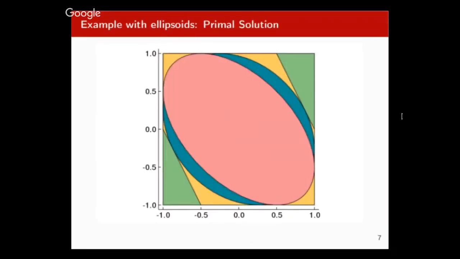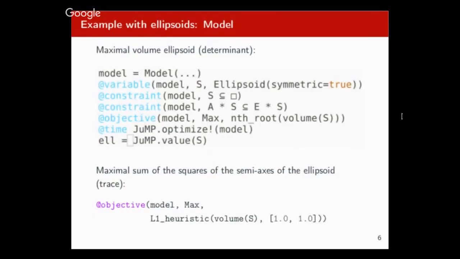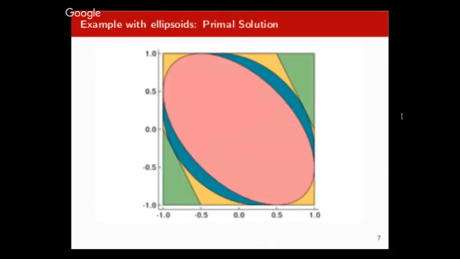So if I solve this problem with a polyhedron, I get this yellow one. It's a simple solution. If I solve it with an ellipsoid, depending on whether I use the trace or the volume, I get a different one. So it's not just the maximum volume ellipsoid, it's the maximum volume ellipsoid satisfying some constraint inside the square. This is the square variable, right?